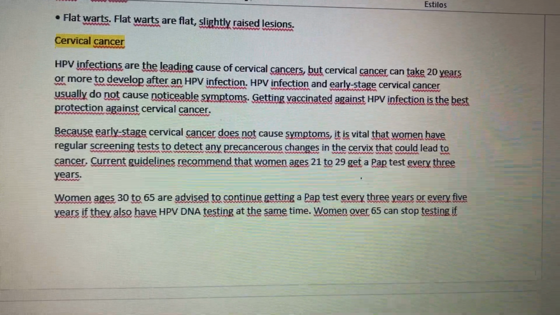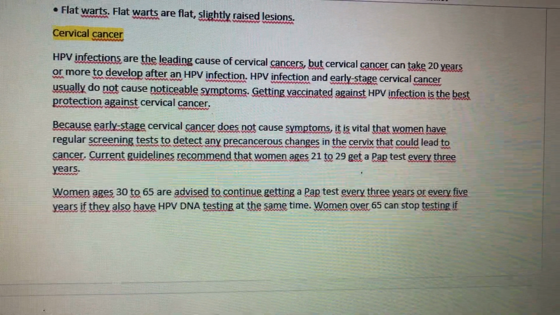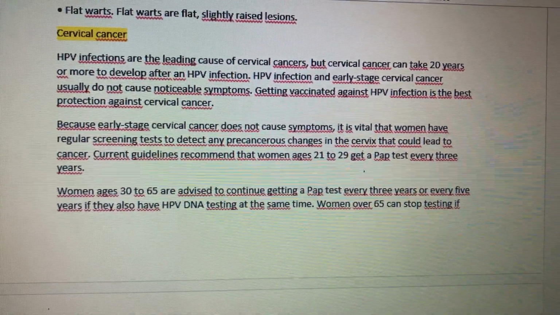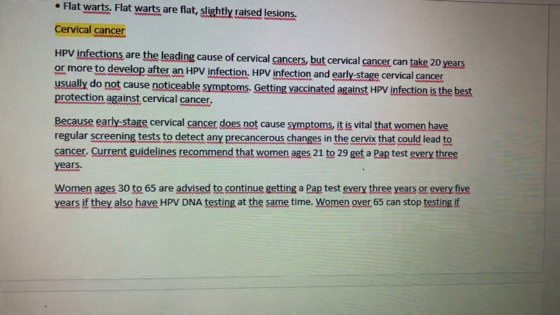symptoms. It is vital that women have regular screening tests to detect any precancerous changes in the cervix that could lead to cancer.